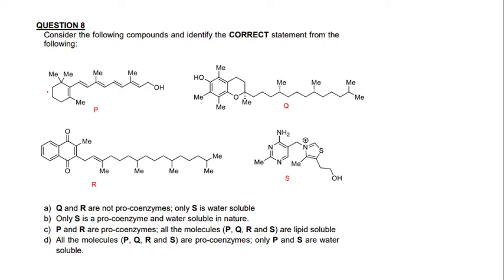Option C says P and R are pro coenzymes, and all the molecules P, Q, R, S are lipid soluble. Option D says all the molecules P, Q, R, S are pro coenzymes, and only P and S are water soluble. So, what is the answer here?